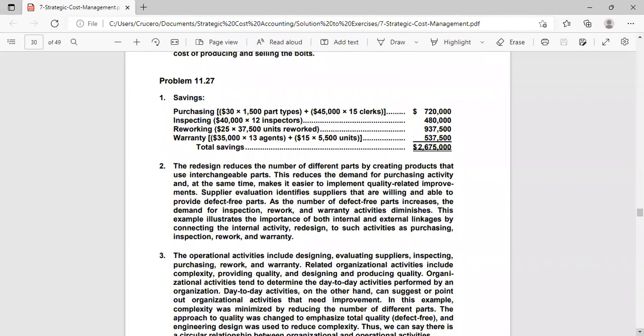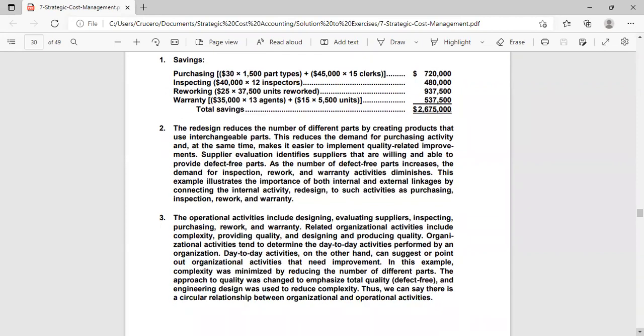Inspecting, 40,000 times 12 inspectors working 25 times 37,500 units rework. In the warranty, 35,000 times 13 agents plus 15 times 5,500 units. The total savings of 2,675,000.